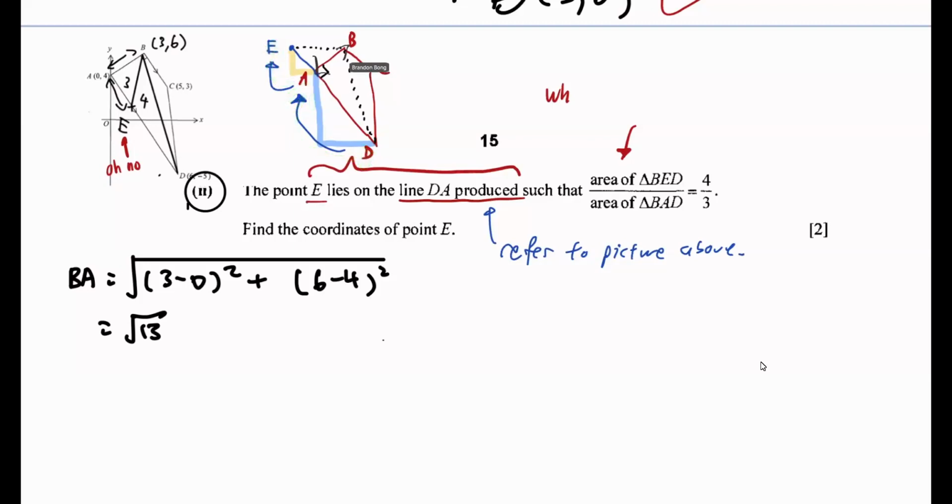Then because the height is the same, the ratio of the area is the same as the ratio of the base. So what you're supposed to conclude from this hint is that the base of triangle BED, can you tell me what's the base?